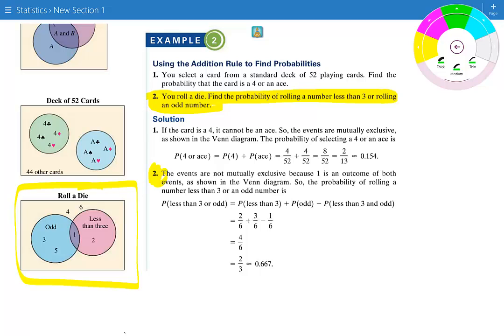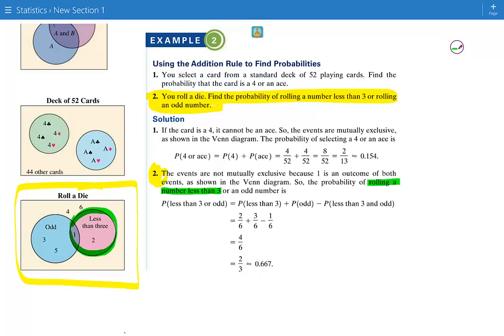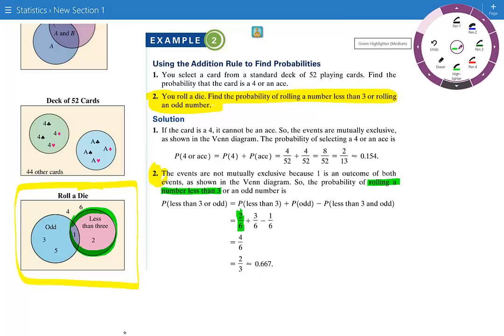So we want the probability of rolling a number less than 3 or an odd number. So what would the sample space look like rolling a number less than 3? Well, it looks like this over here. And there's only 2 numbers out of the 6 total that satisfy that condition.